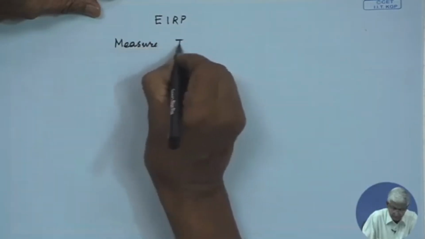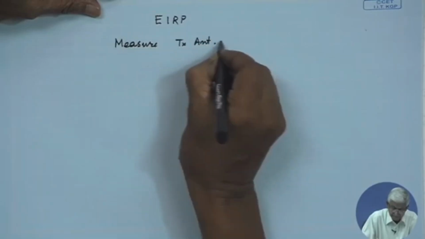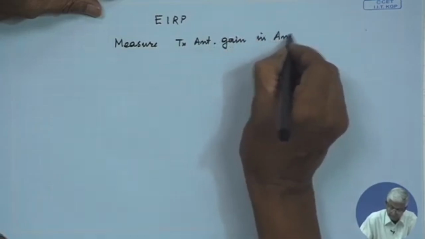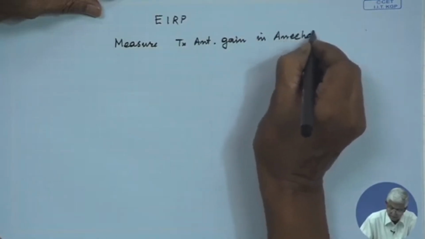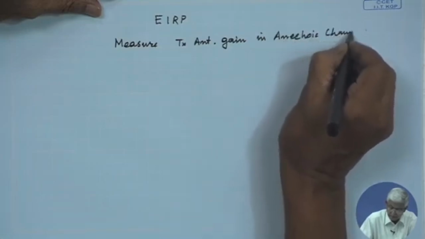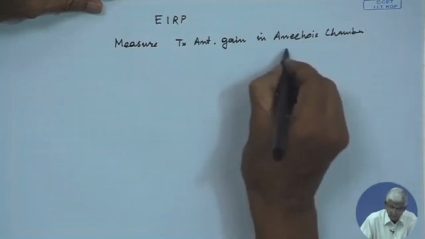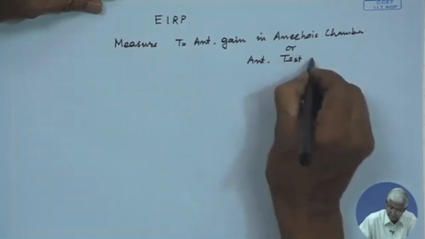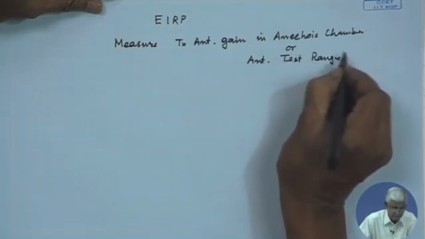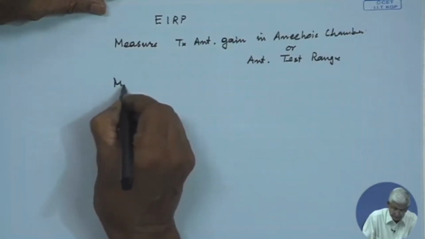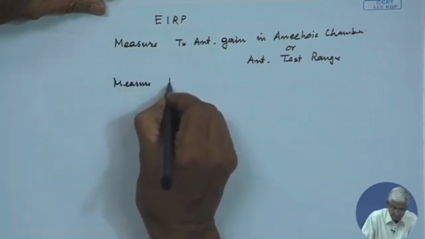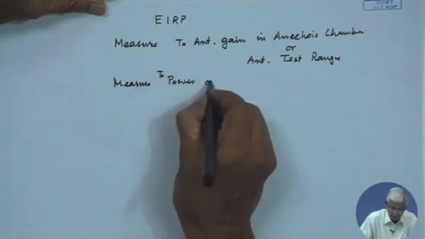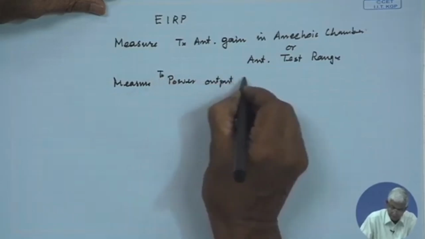Measure transmit antenna gain in an anechoic chamber or antenna test range, and then measure transmit power output separately.